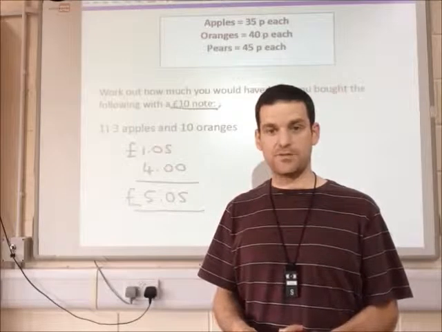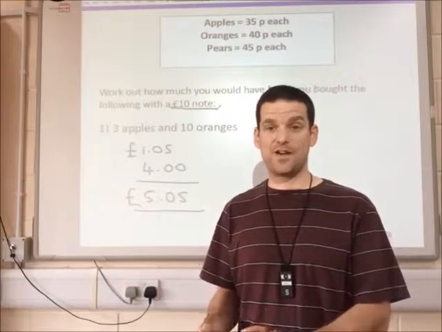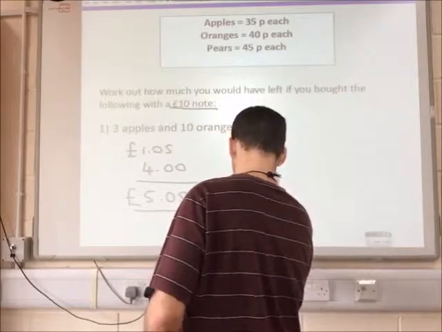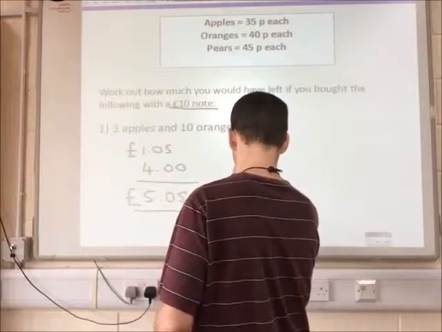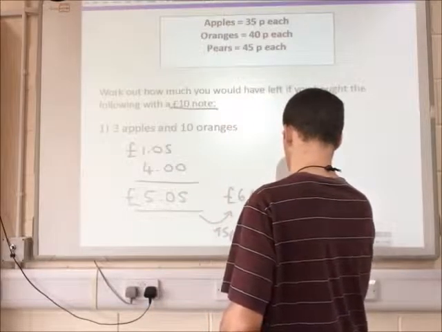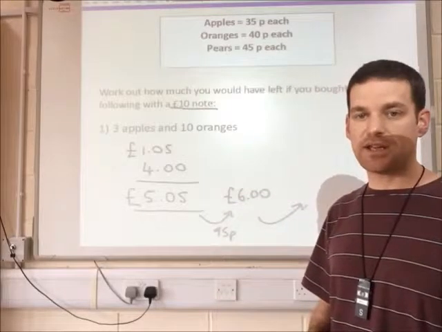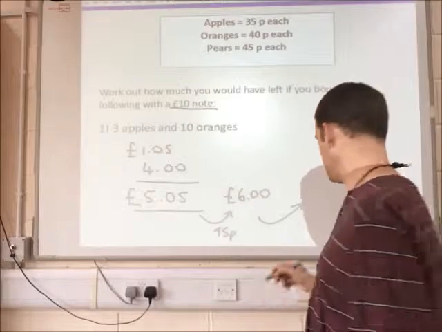So from £5 and 5p, if I first add 95 pence onto that to make it up to £6, and then to get to £10 I now need to add on another 4.